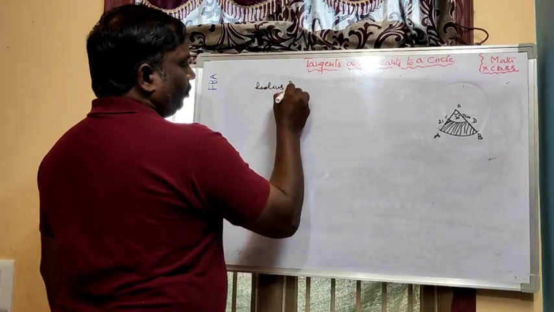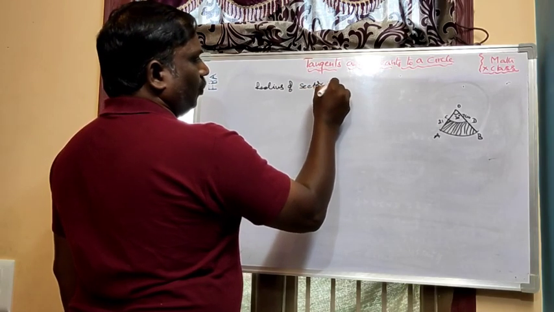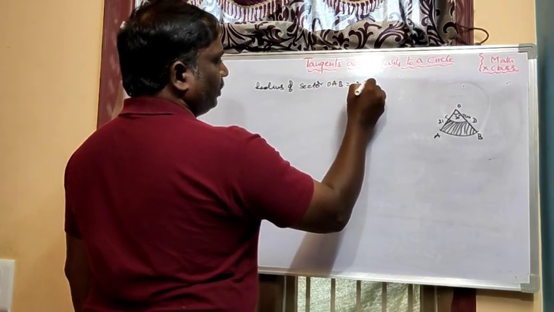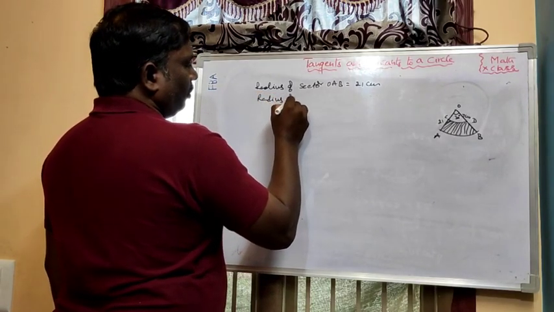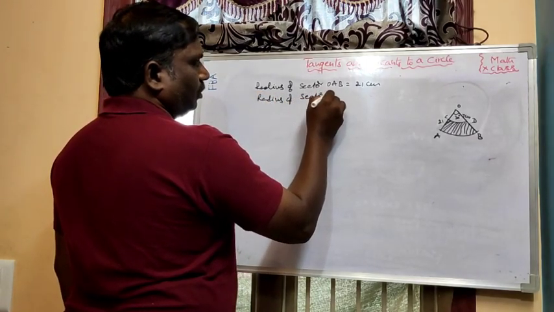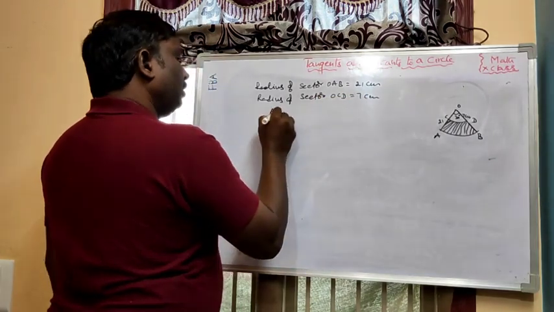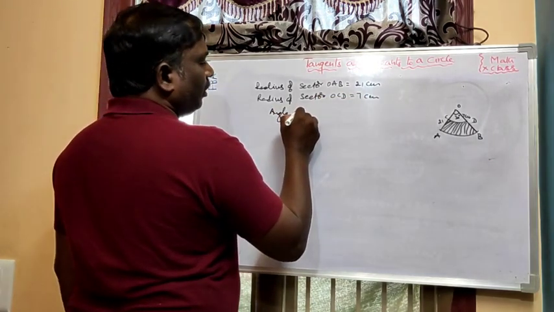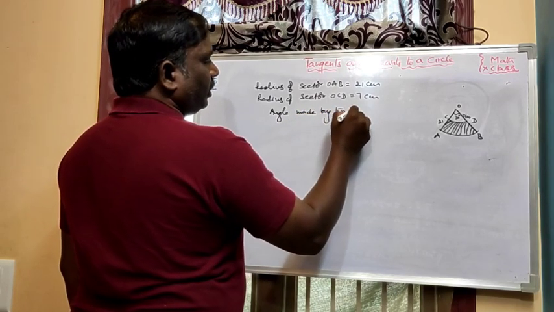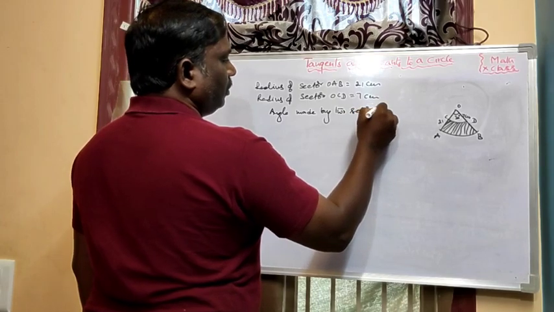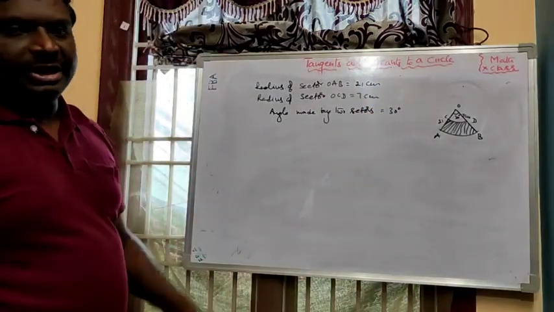Radius of sector OAB equal to 21 centimeters. Radius of sector OCD equal to 7 centimeters. Angle made by two sectors equal to 30 degrees.